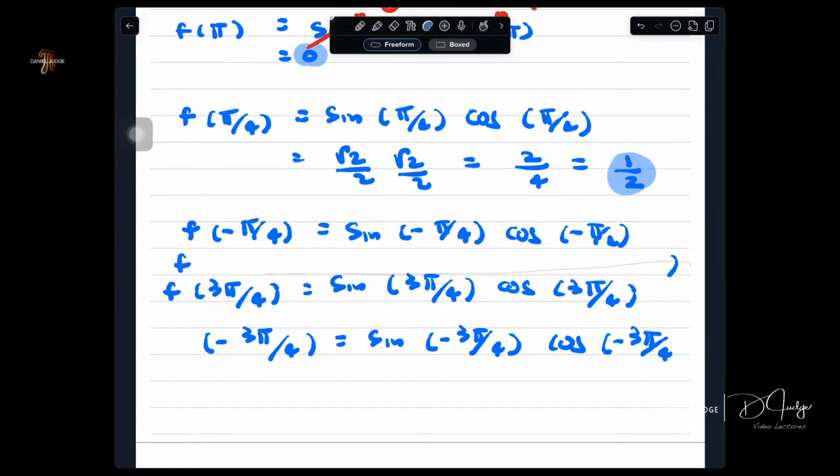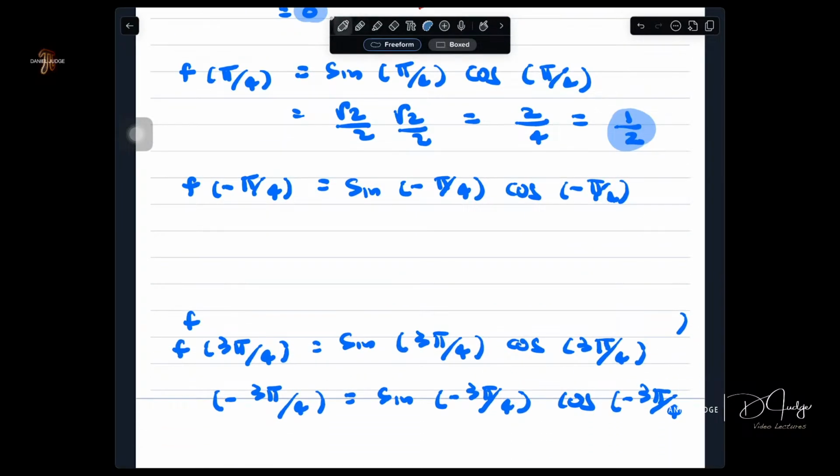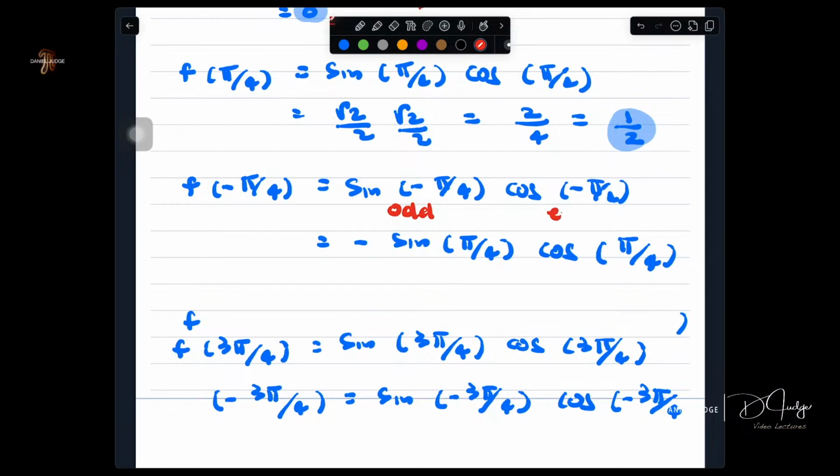We're going to use properties again for even and odd, meaning I got negative sine pi over 4 times cosine pi over 4, because sine is odd and cosine is even. So we're going to get a negative 1/2 here.